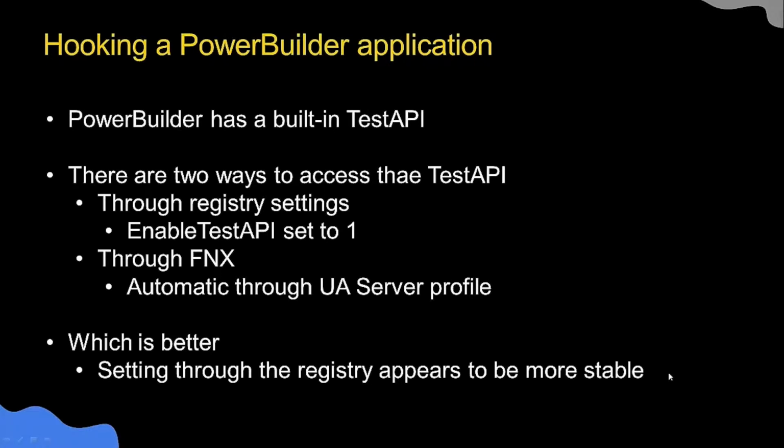And invariably when that comes to support and we have you switch to using the registry, then the issue is usually resolved. So I would say that that's more stable, and I do recommend that when customers start to use Essential Test for real after the trial, that they go ahead and enable it through the registry.